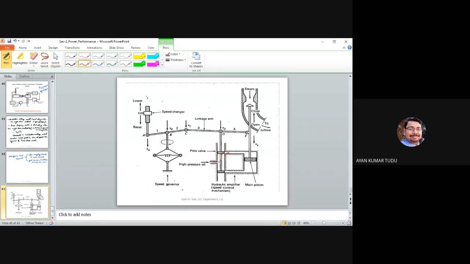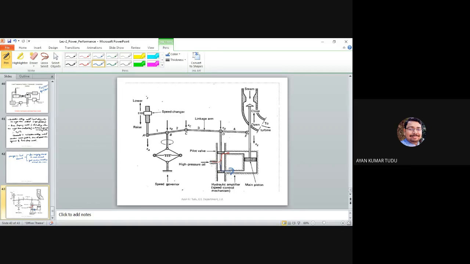And whenever linkage point D is going downwards, the high pressure oil goes into the main piston from the other half, the second orifice or the bottom orifice.